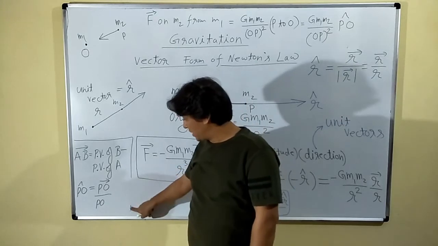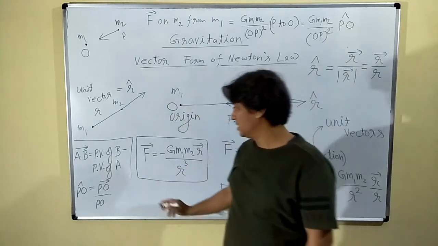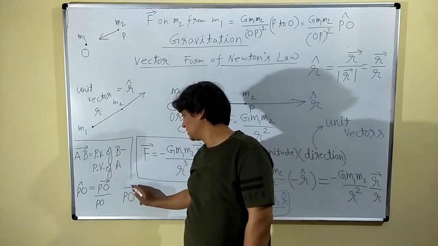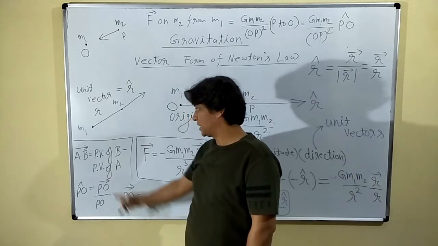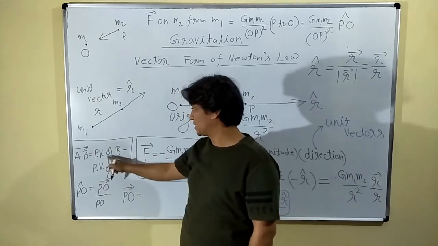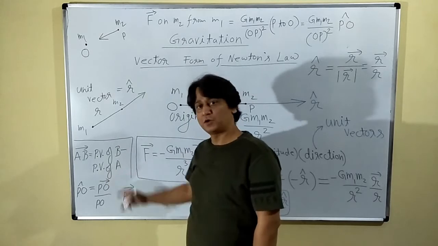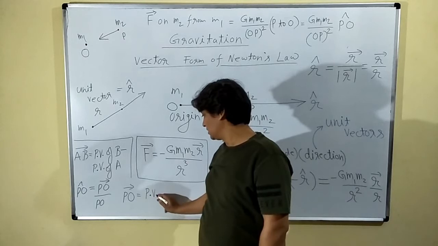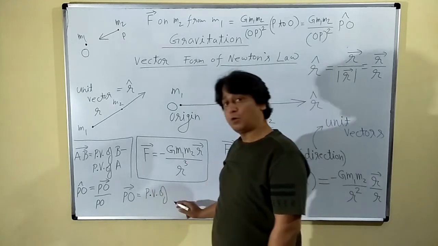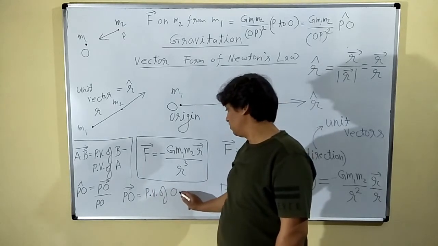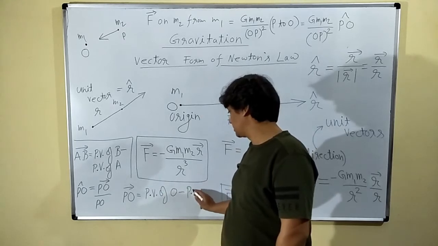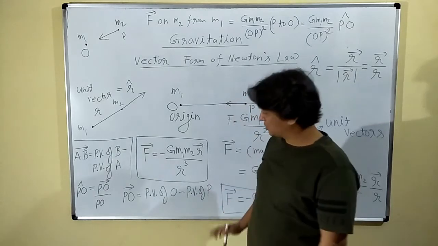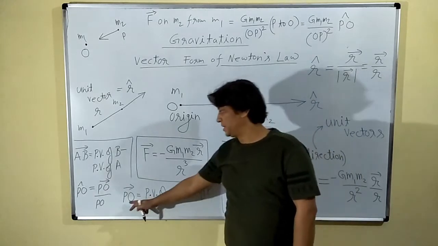If you need to find the PO vector, what did you do? AB is position vector of B minus position vector of A, which means PO vector is position vector of O minus position vector of P. That's how you can develop the PO vector.